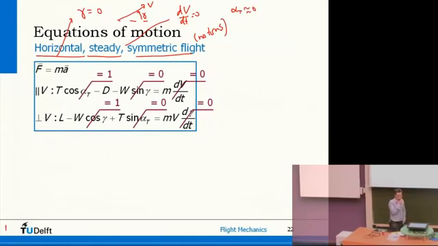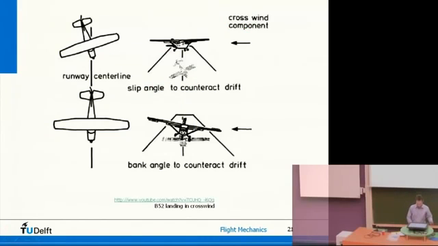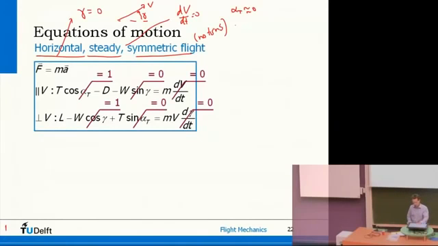So cosine of alpha_t becomes 1, the sine of gamma becomes 0, dV/dt becomes 0. We don't have a change of flight path angle with time. So since gamma is 0, that term is also 0. The cosine of gamma is 1, and the sine of alpha_t is 0.